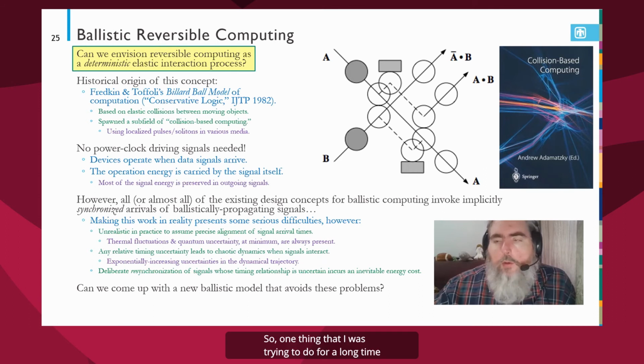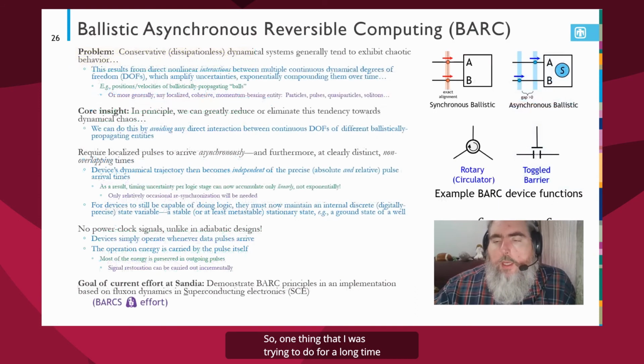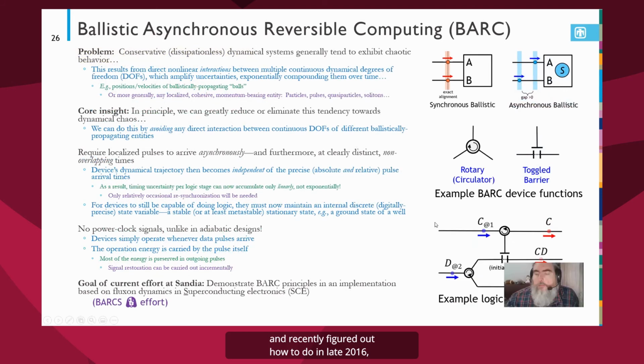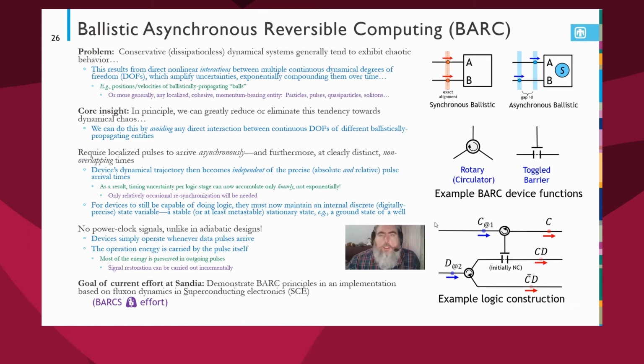So one thing that I was trying to do for a long time and recently figured out how to do in late 2016 was to come up with an asynchronous ballistic style of reversible computing. So instead of having the inputs being synchronized, we explicitly require them to come in at different times.